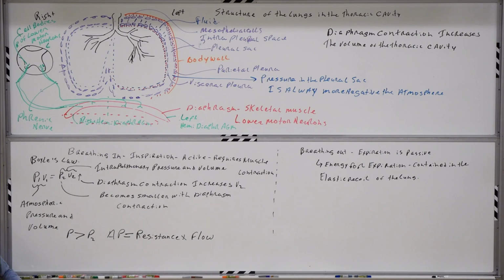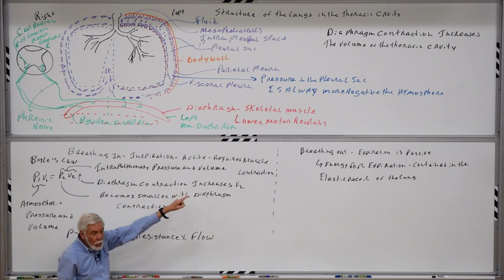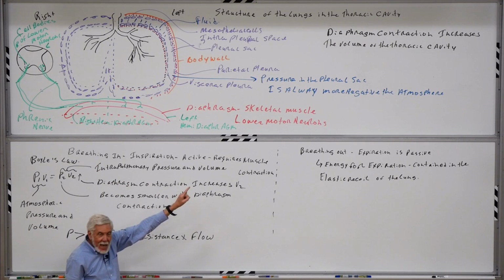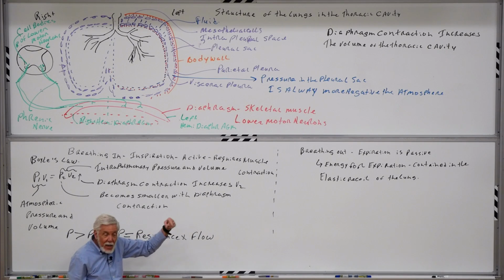So to me, this has always been a little counterintuitive. When you breathe in, it's active. But then when you stop breathing and you stop activating that diaphragm, then the passive recoil is what allows you to breathe out.